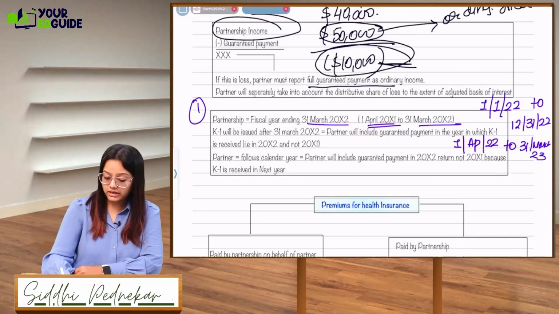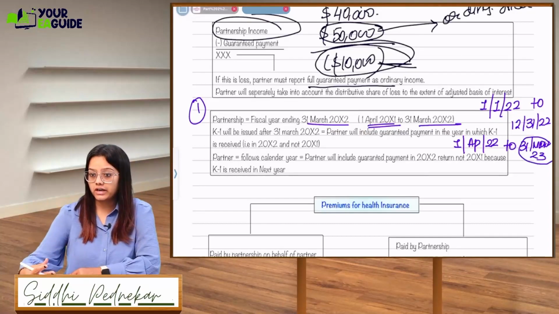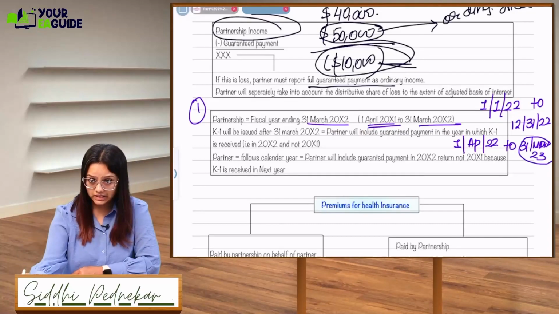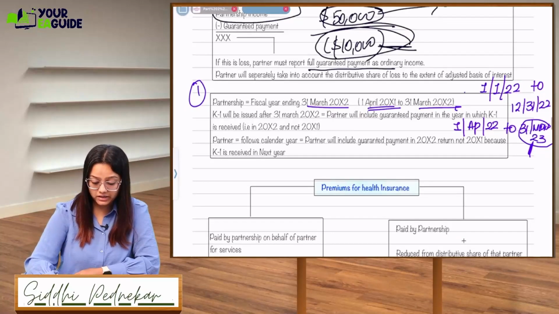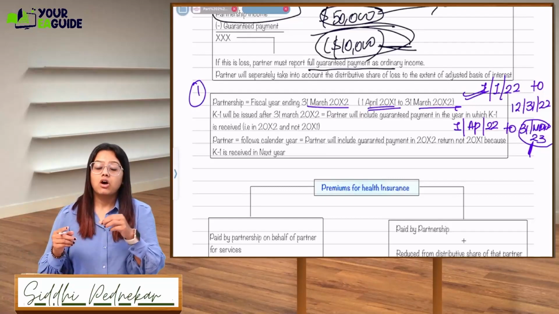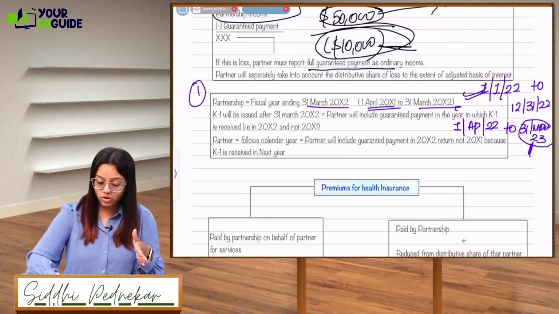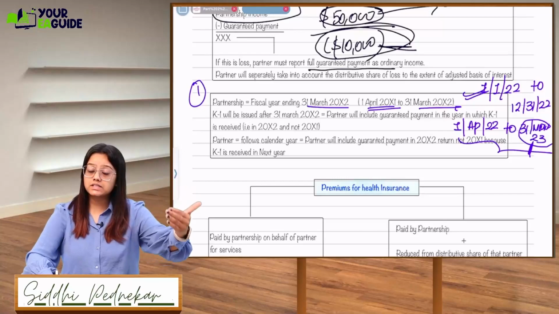The K1 will be issued after the year end, and the year is ending in 2023, so the partner will include the K1 of this whole fiscal year in the next year, that is 2023.